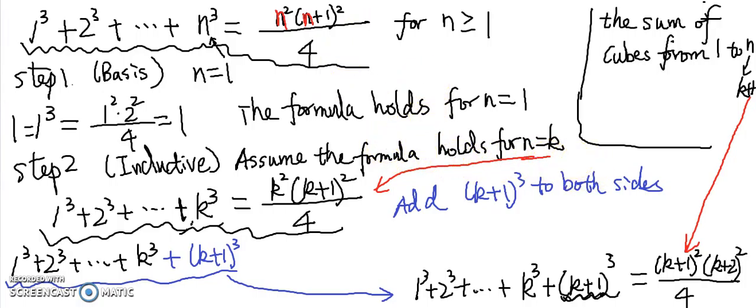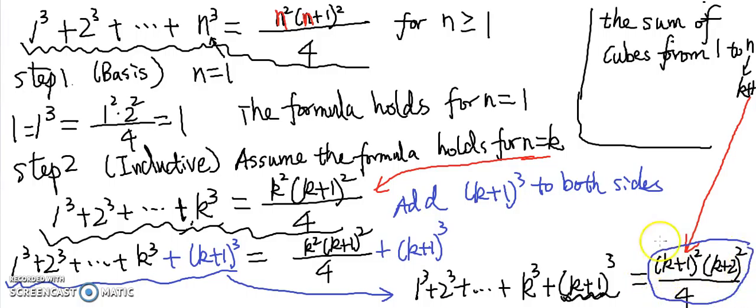And on the right-hand side, I'm going to copy the original right-hand side, and add k plus 1 cubed to the right-hand side. And now if we take a look at the right-hand side, this is what we need.